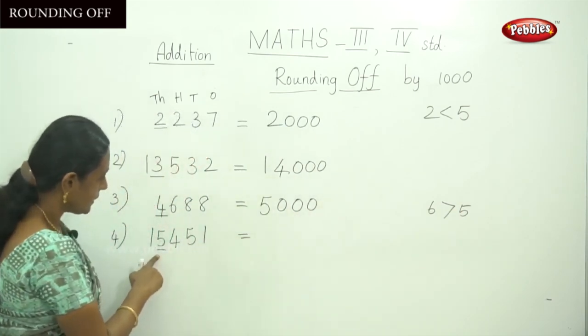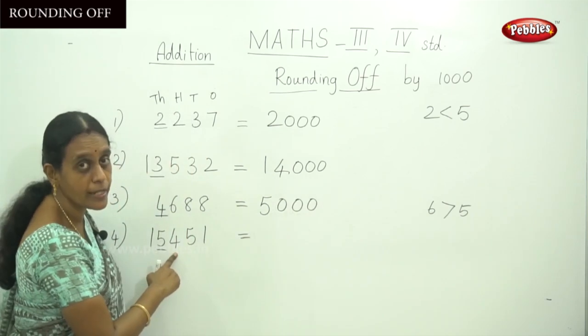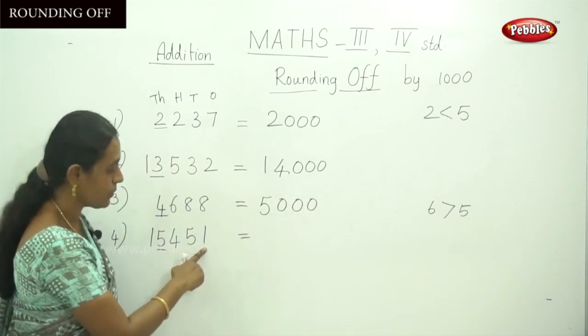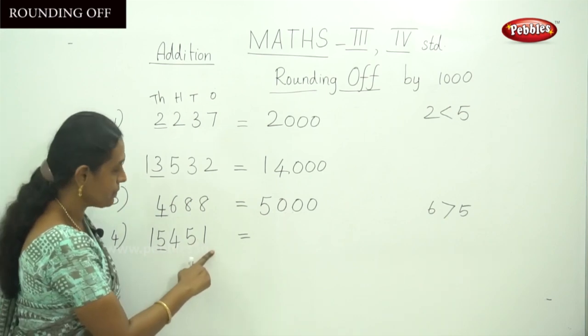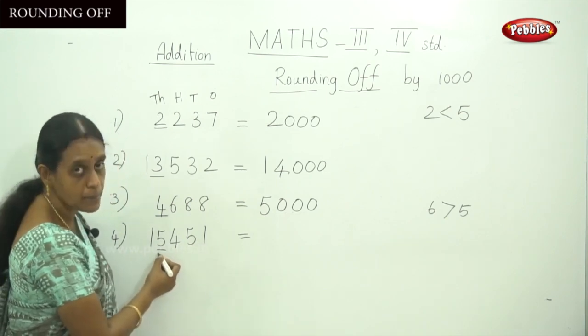And here, 5,451. So change this number 6.